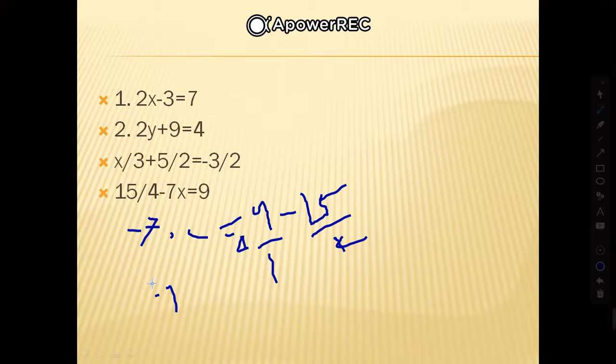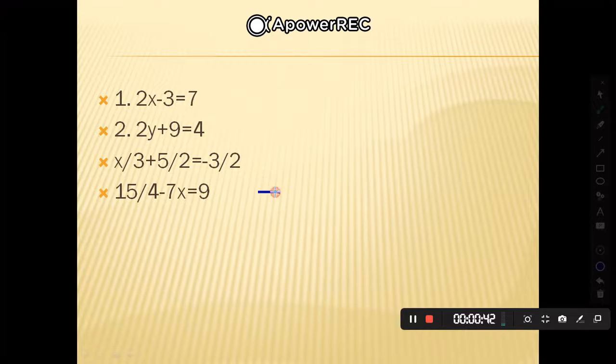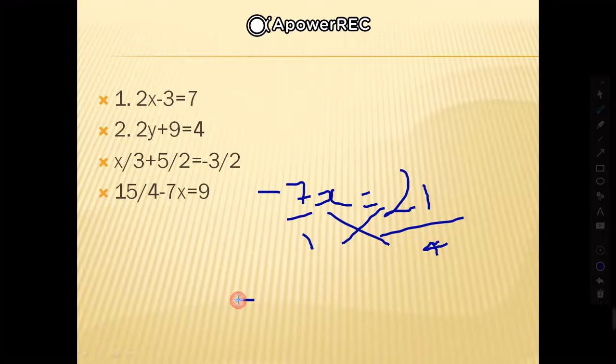Now cross multiplication. How? Let me show you. Minus 7x is equal to 21 by 4. Here nothing is there, just put 1 and cross multiply. So minus 28x is equal to 21.